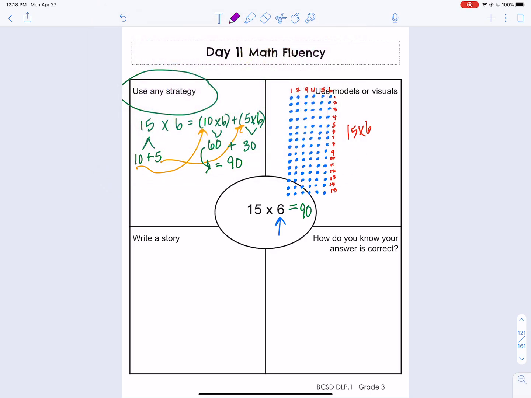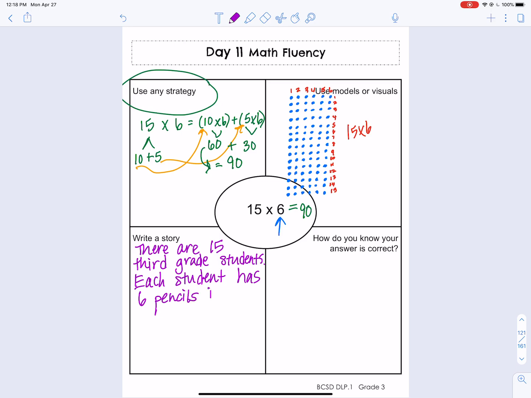There are 15 third grade students. I'll even put 3rd grade in there since this is a 3rd grade video. Each student has 6 pencils in his or her backpack.